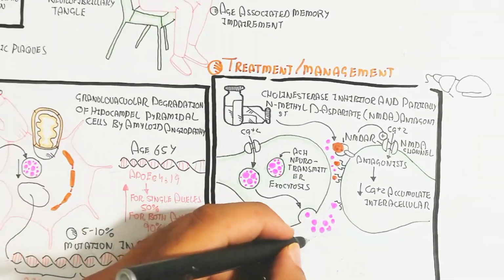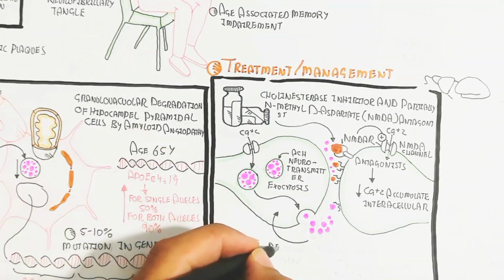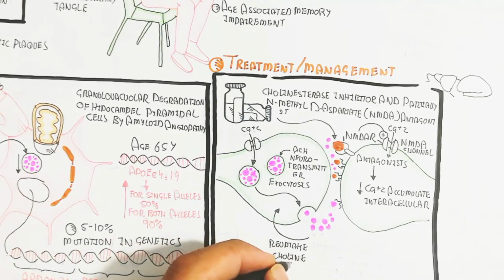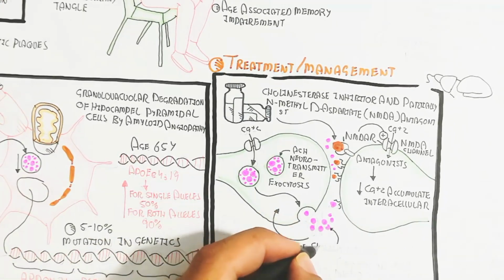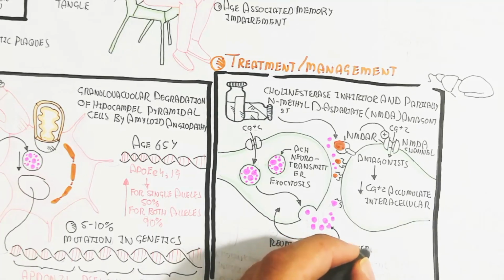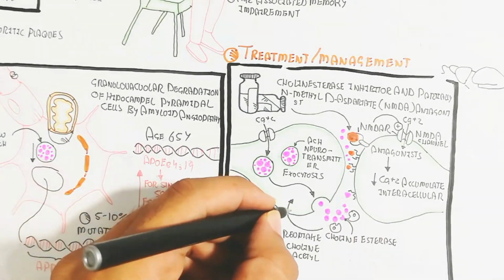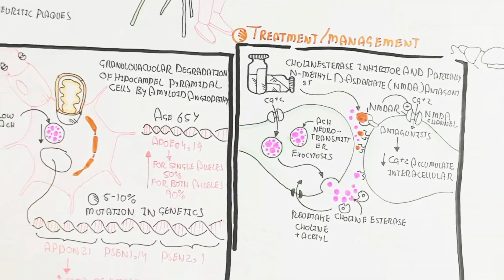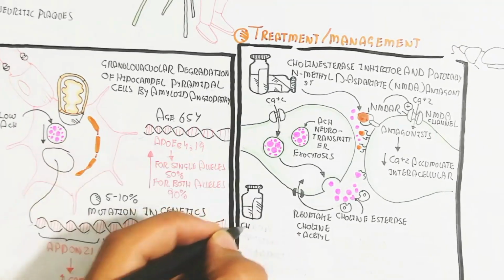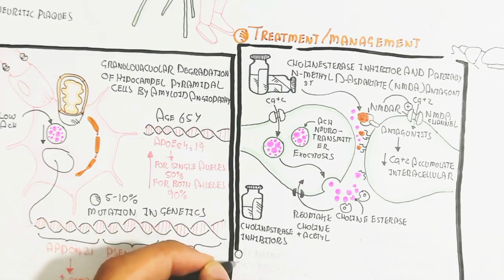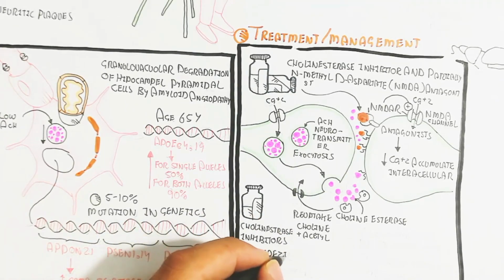On the other hand, the cholinesterase enzyme is used to break down the choline as well as acetyl. So the cholinesterase inhibitors inhibit this breakdown of the neurotransmitter because it is already less.